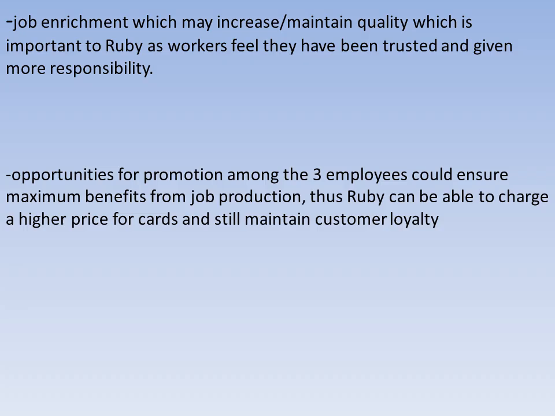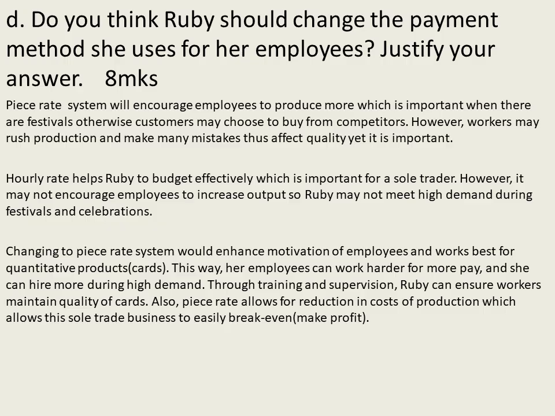And lastly, part D. Do you think Ruby should change the payment method she uses for her employees? Justify your answer. Now, if you could go back to look at the case study, we are told about two payment systems, piece rate and hourly rate or time rate. So in this case, this means that the question is talking about two things. That is why I have gone ahead to give an advantage of piece rate for Ruby.